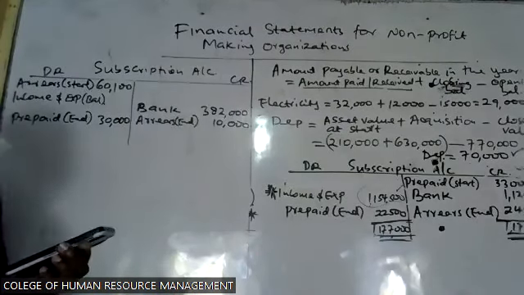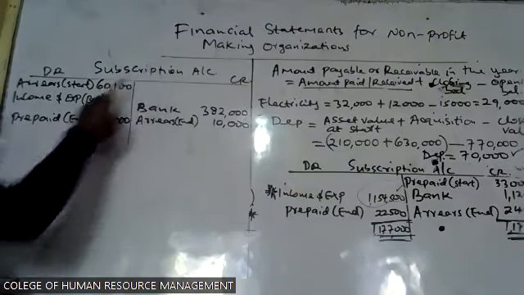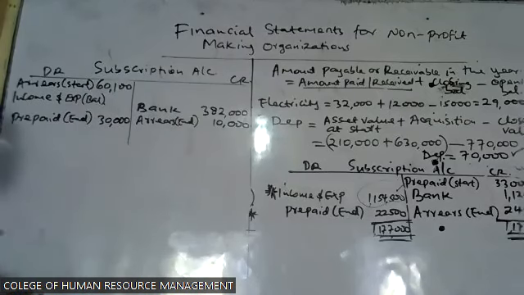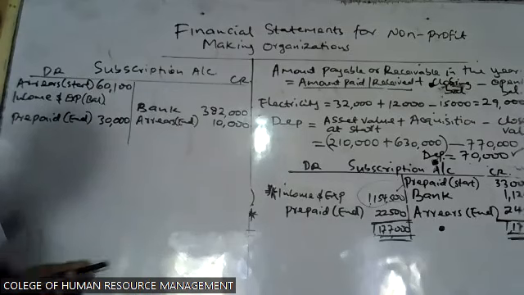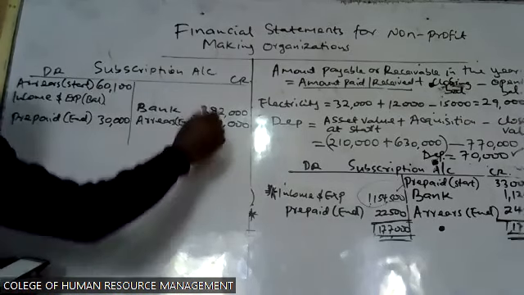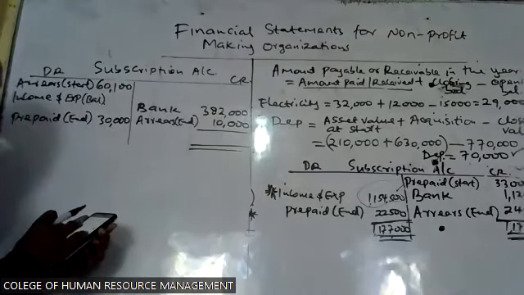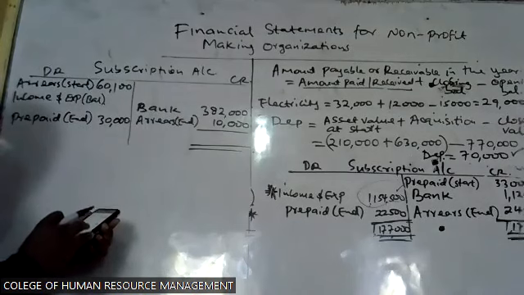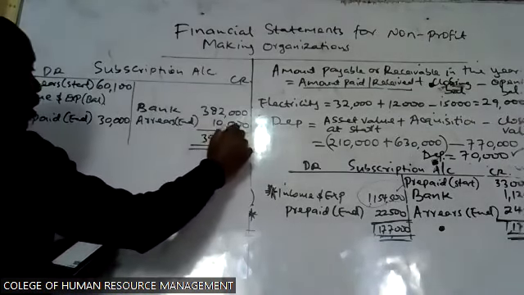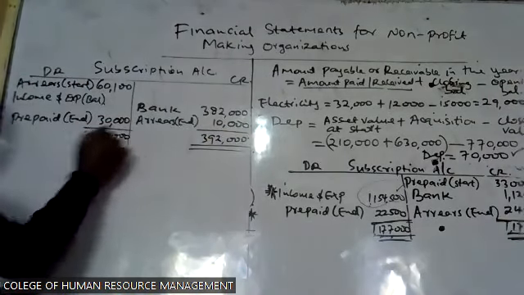So what do we do now? We calculate this figure. Actually, we are preparing the subscription account with the sole aim of getting this figure so that we can take it to the income and expenditure. So our computation will be like this. What was supposed to be received, 382,000. You had 10,000, supposed to be 392,000. So this side should also have 392,000.